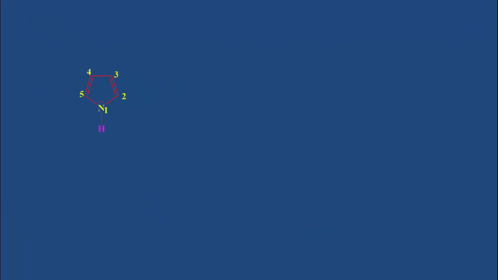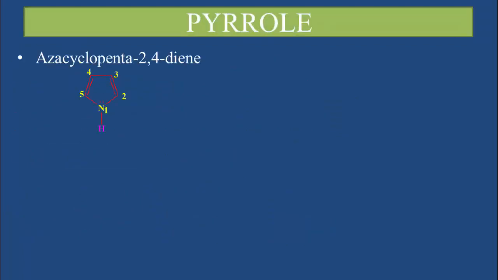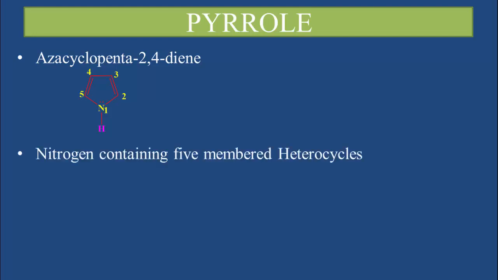Now we discuss in detail the pyrrole. The IUPAC name of the pyrrole is azacyclopenta-2,4-diene. Pyrrole has two double bonds in the cyclic ring and one nitrogen atom. Nitrogen in the Greek word is known as aza, therefore its IUPAC name is azacyclopenta-2,4-diene.